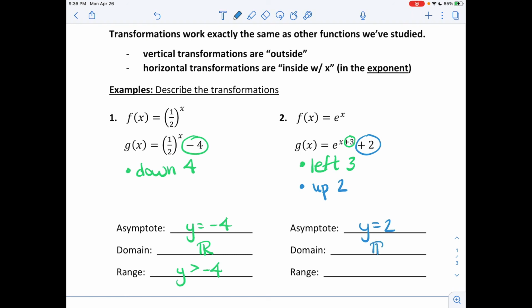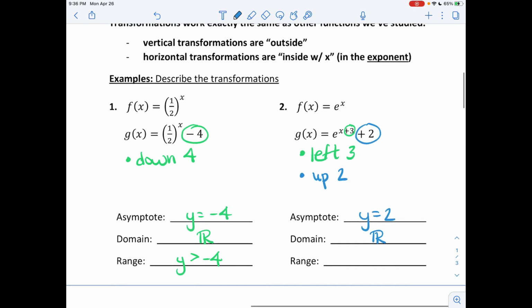Domain, still all real numbers. Nothing we can do to change that. But my range, based upon an asymptote at a y value of 2, doesn't start until right past that asymptote, so y is greater than 2.